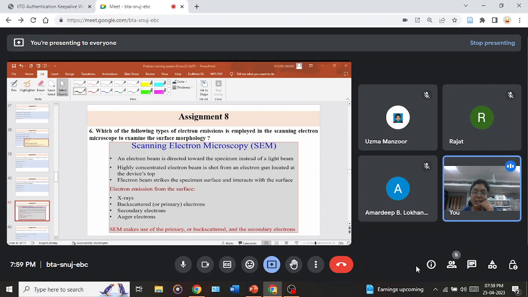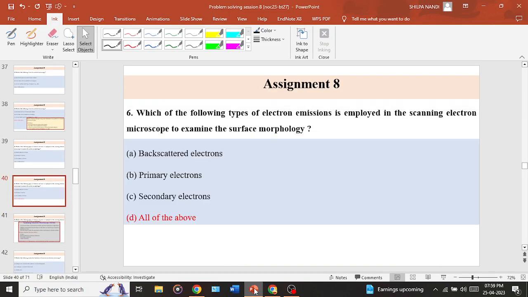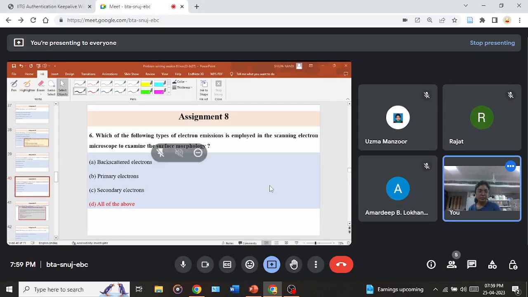Then we have secondary electrons and Auger electrons. At the last you can see it's written SEM makes use of the primary or backscattered and the secondary electrons. So you must remember what kind of electron emissions are being employed in case of SEM. Your answer would be option D, which is all of the above.